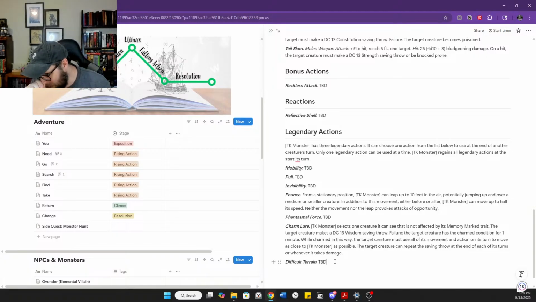The other bit there is that it limits when it can use this legendary action. But again, we're building this one for a specific purpose, so I don't know that's a big deal. That just means it gives us a little guidance on the kind of environments where this creature might be encountered, and it might be something the characters can use to their advantage, luring it into places where it can't use this difficult terrain effect.